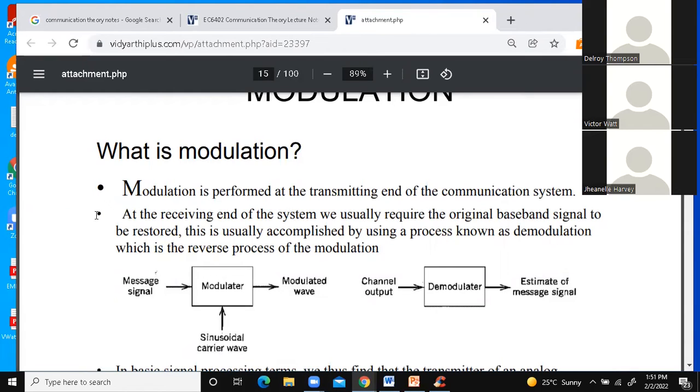That first step is modulation. And at the speaker end, where we convert it to the original kind of signal, is demodulation.